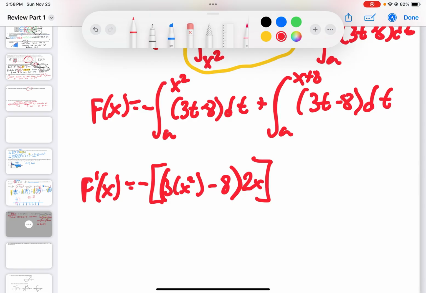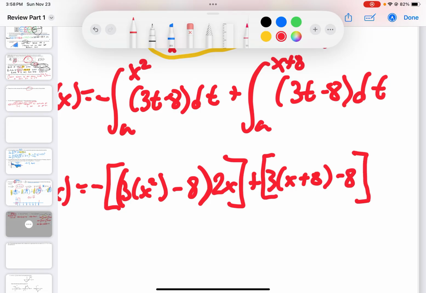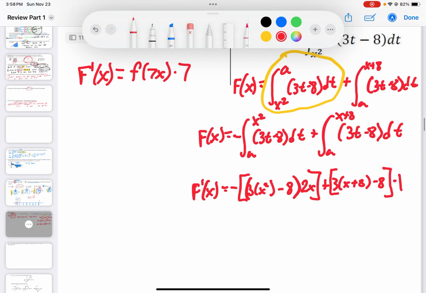I think it would actually make a difference. Would it have? I don't know. It's good there. I think if I put this here, the negative would still go through. I don't think it'd make a difference, but I feel better that way. Plus, plug this in, 3 times x plus 8 minus 8, all that times the chain times 1, but that would be it for that one.